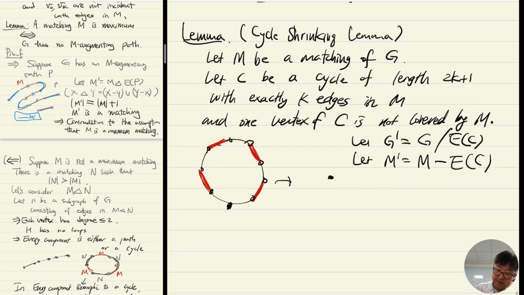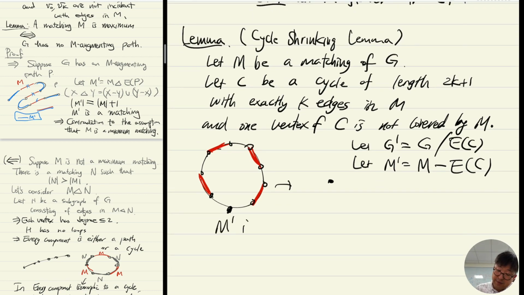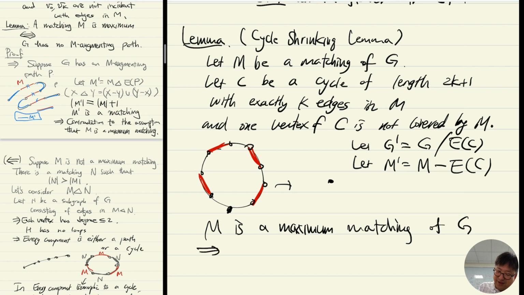Now what we claim is, M is a maximum matching of G if and only if M prime is a maximum matching of G prime.